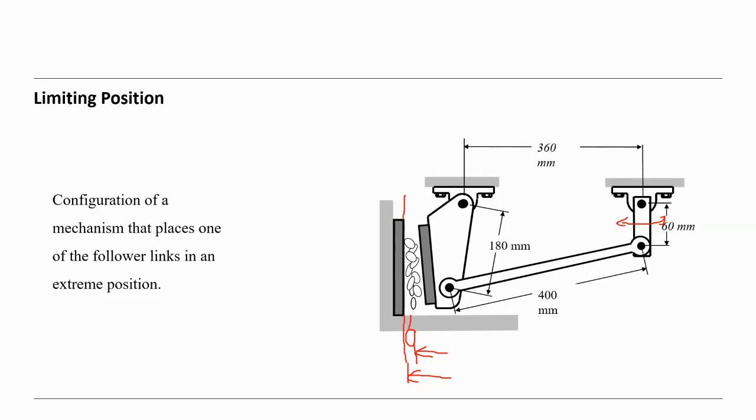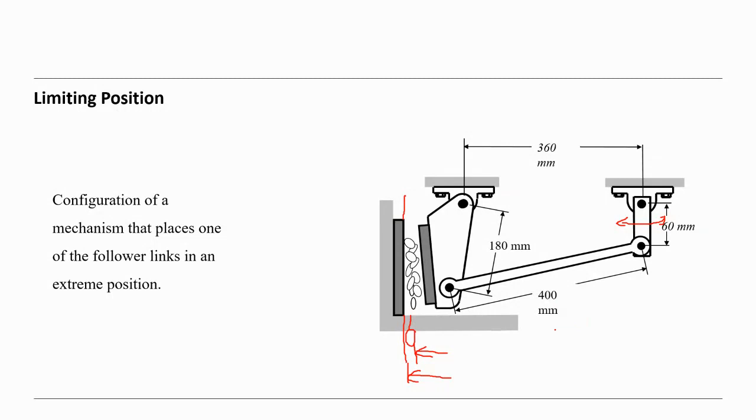In which position do we achieve this function, and the angle we have to move in order to fulfill the function. All of them we have to calculate. We know the dimensions here: 120, 180, 400, and 360, and 60, and so on.